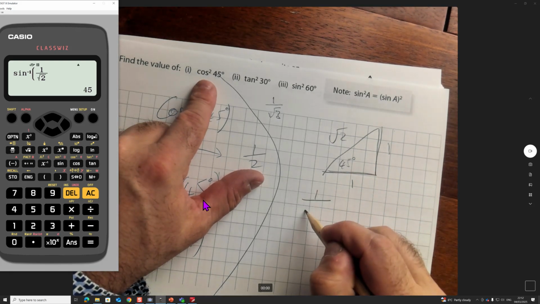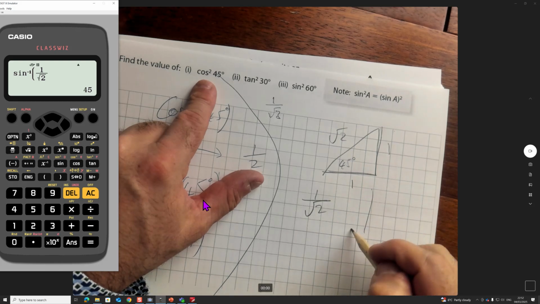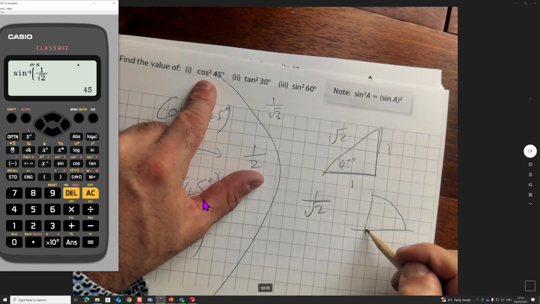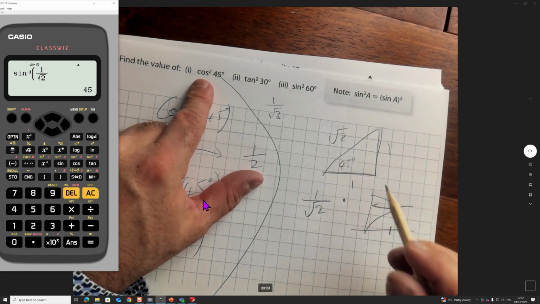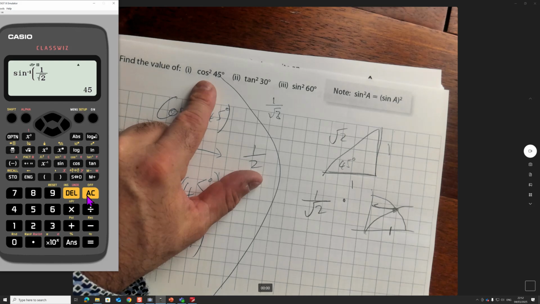So the cos of 45 degrees becomes very, very famous. The other thing is your cos is falling, your sine is rising, and at 45 degrees they're both the same. A quick way to get 1 over root 2 in your calculator is just to do sine 45. Now that is 1 over root 2.